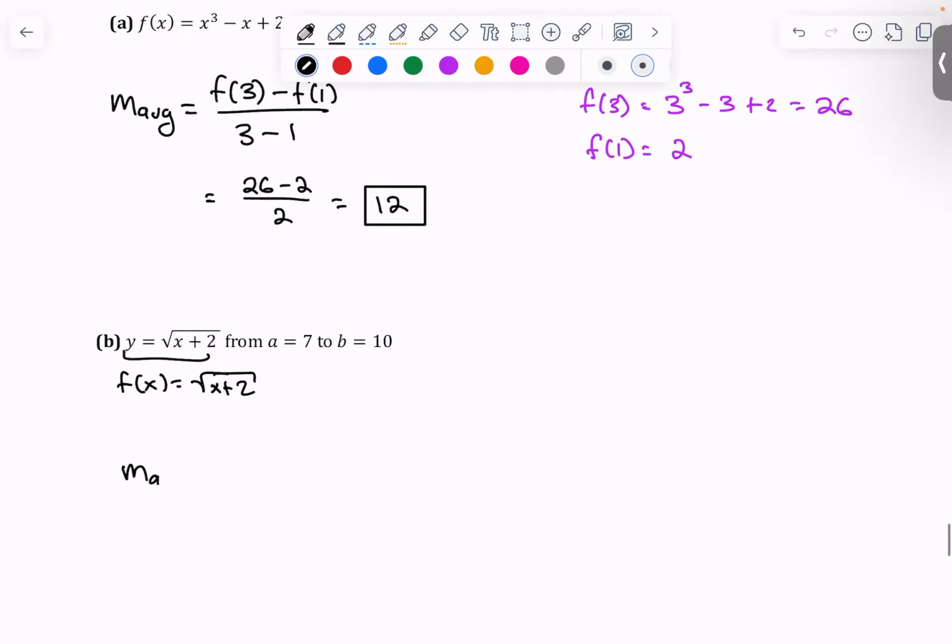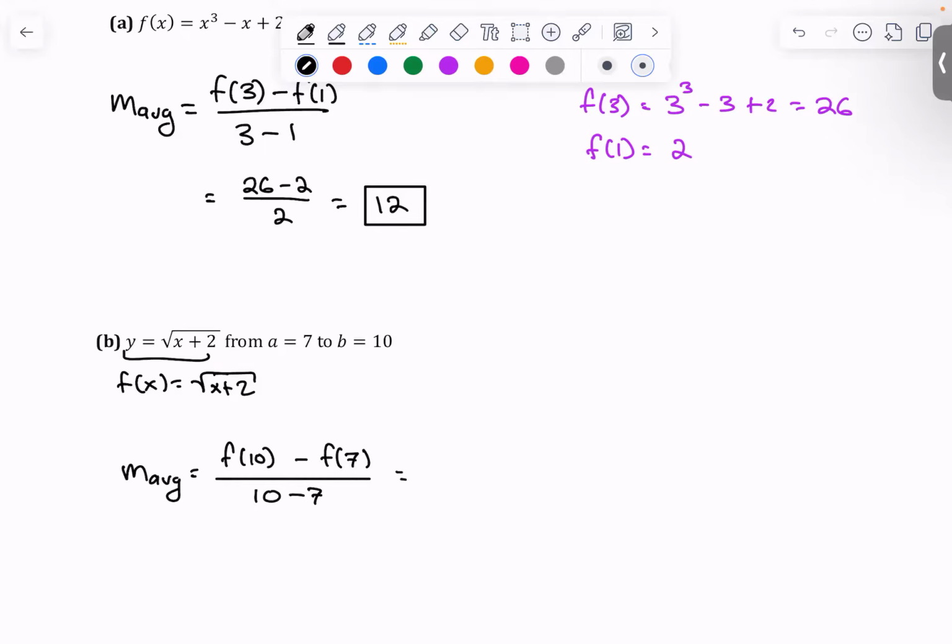So m sub avg would be f of 10 minus f of 7 divided by 10 minus 7. Now here, it's not going to be too terrible to plug these values into the calculator, so that's what I'm going to do.